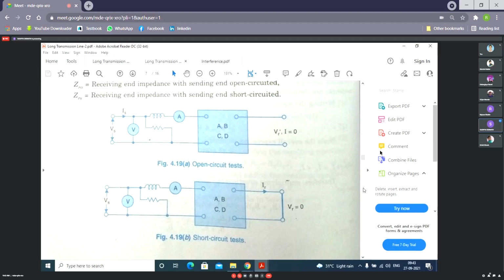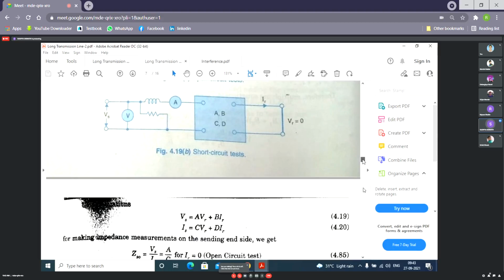But of course, these equations cannot be applied, because these are the equations for the sending end side, Vs and Is in terms of VR and IR. Now we have to rearrange this. We have to get the equations for VR and IR in terms of Vs and Is.